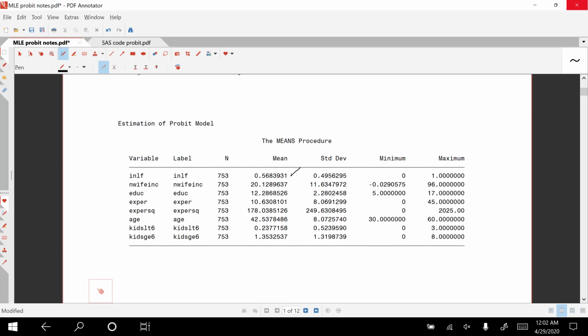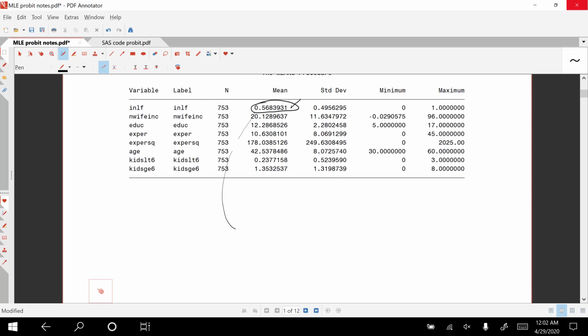Summary statistics: the mean. So this is a binary variable, a dummy variable, the mean is 0.58. Remember that represents the proportion. So that's the proportion of females in the labor market. So that means that 56.84% of females are in the labor market. And then we have these other variables. Non-labor income, the average is $20,000, average education 12 years, average experience 10 years, average age 42.